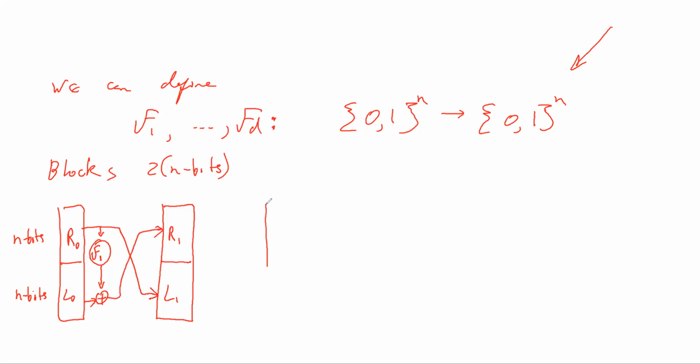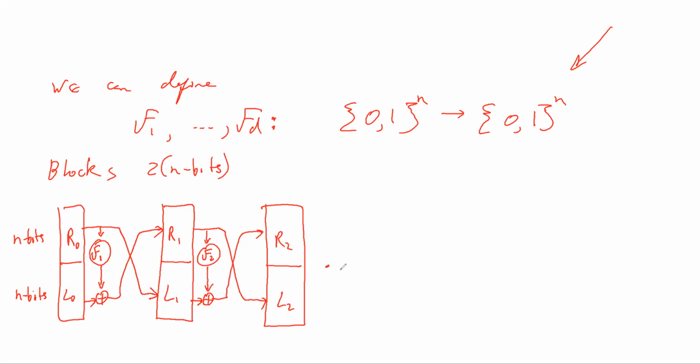Then we can take this a step further. Let's call this one R2 and this L2. Again, R1 just slides down and becomes L2. But to get R2, again, we involve an XOR operation that takes L1. We run R1 through F2, and the output of that is XORed with L1, and that becomes R2.